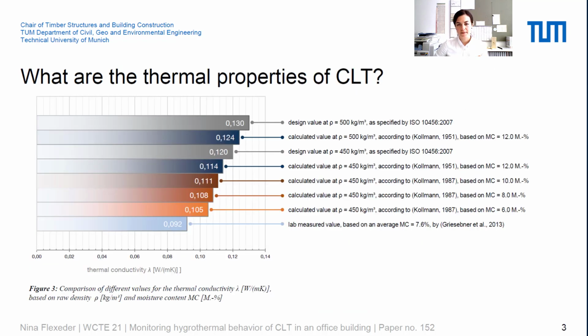So when talking about energy efficiency of any building, what comes to mind is the U-value of the exterior wall. To calculate that U-value, you will usually need to know the thermal conductancy of the material.